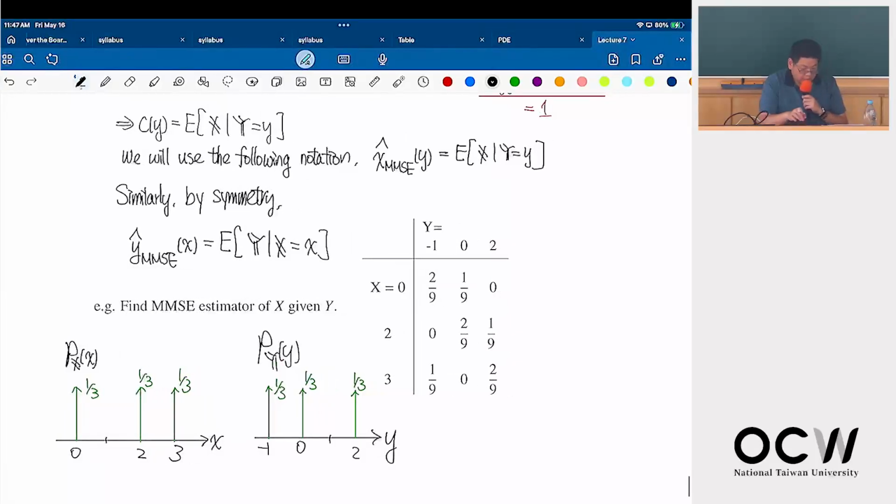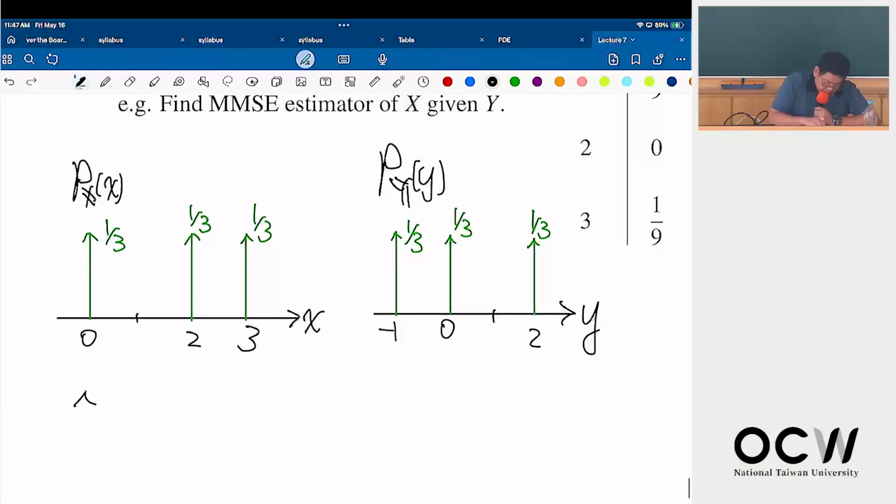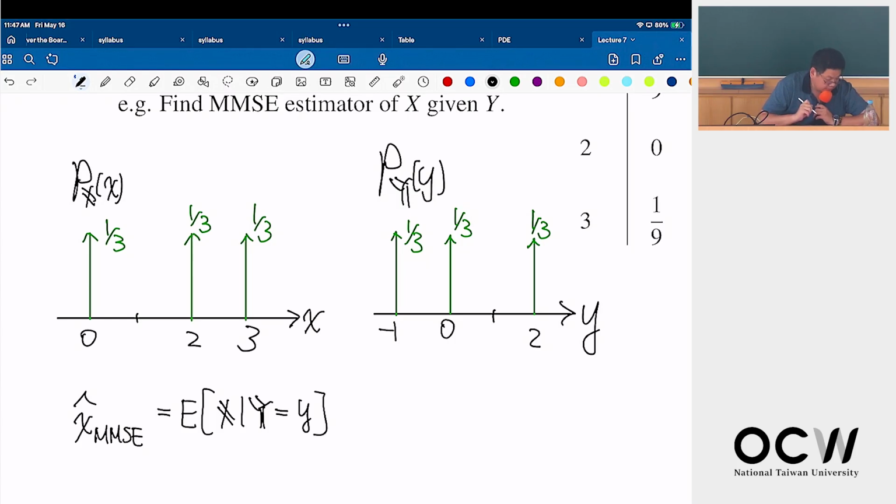Okay, so the minimum mean square error estimator of X given Y will be the conditional expectation of X given that Y is fixed. Which means that we need to find the conditional PMF.